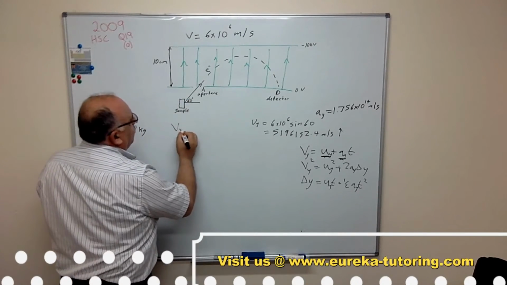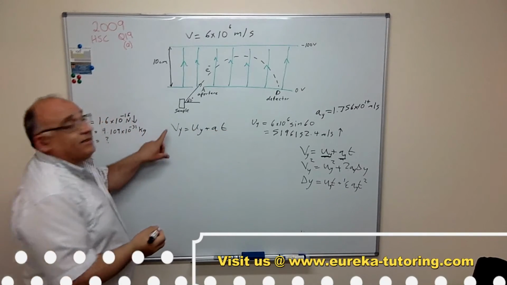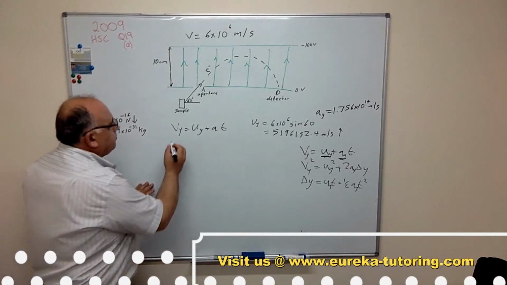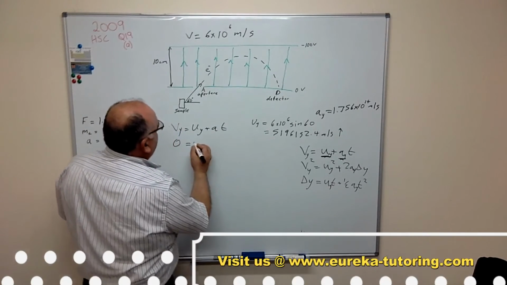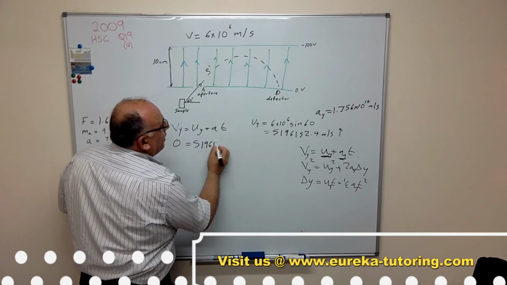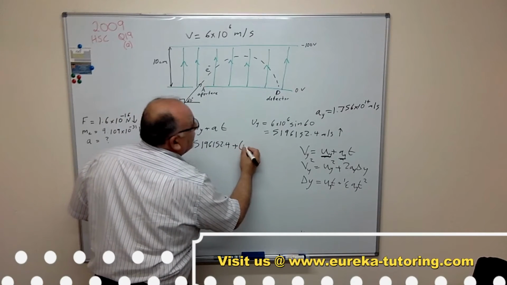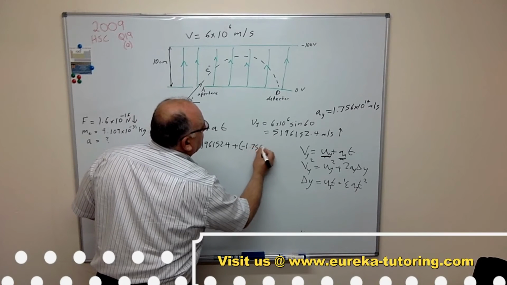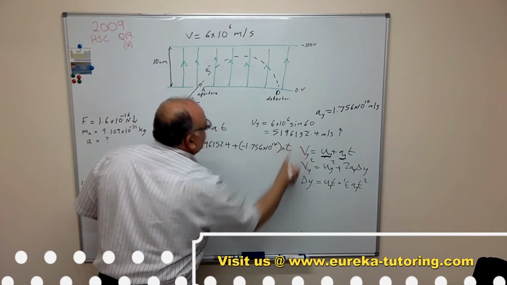If you're using the first equation, we have Vy equals Uy plus at. Now we said at the top, Vy is 0. Our initial was 5196152.4 plus our acceleration, which is a negative 1.756 times 10 to the 14, times time.